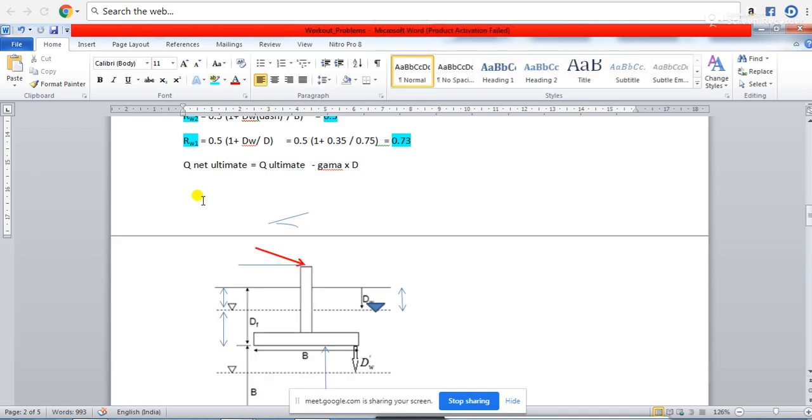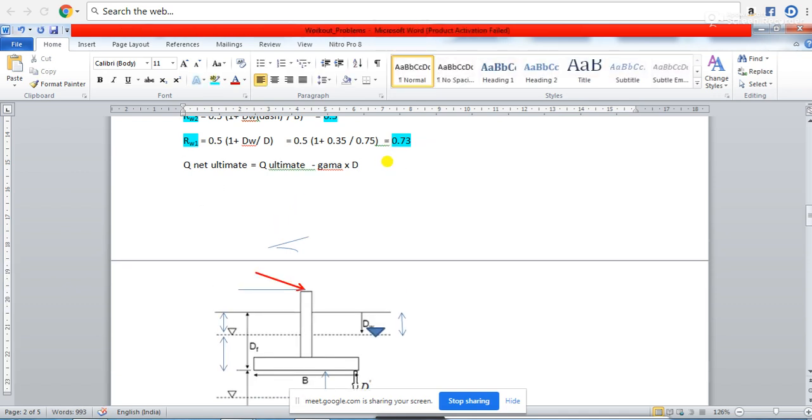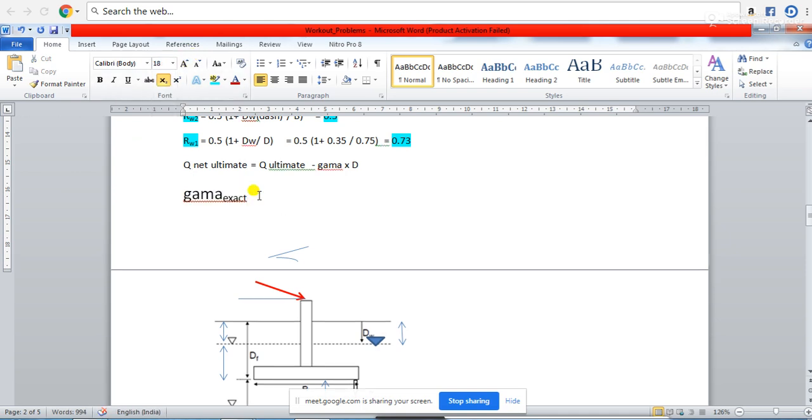Okay, let's see what you have to do. If you want to find the actual gamma exact in this case, observe very carefully. Let's say this depth is d1 and this is d2, that means d1 plus d2 is equal to df.